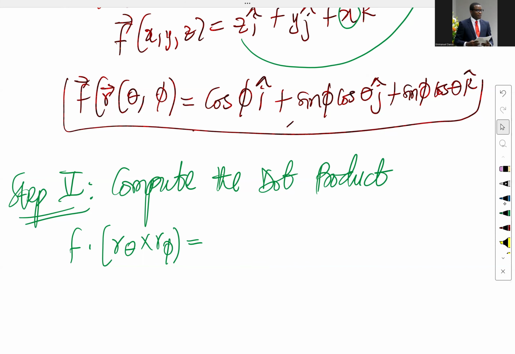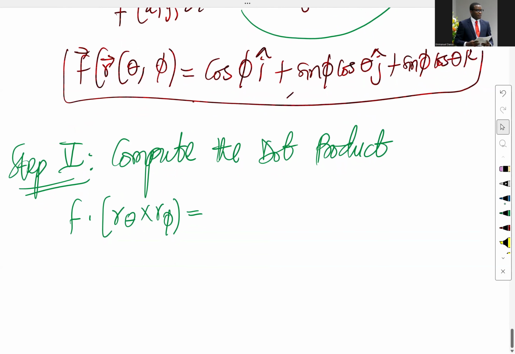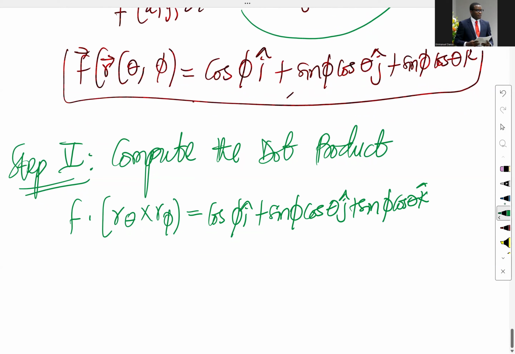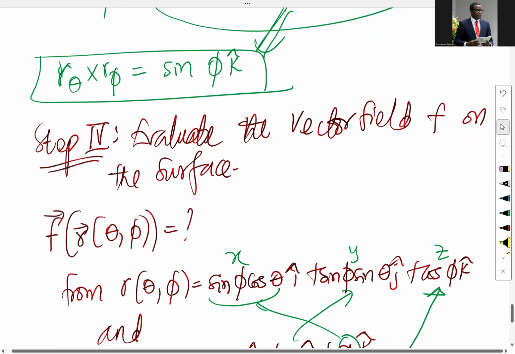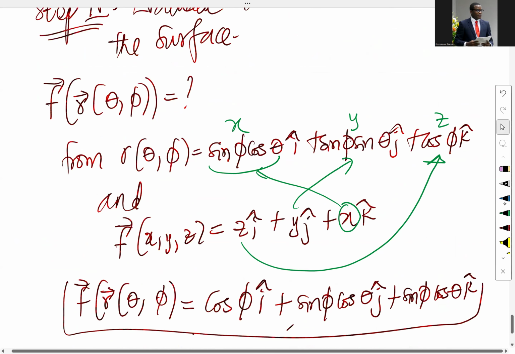So F itself, right, is cos phi i plus sine phi sin theta j plus sine phi cos theta k, dotted with, we said in summary, r_theta cross r_phi, which is sine phi k.